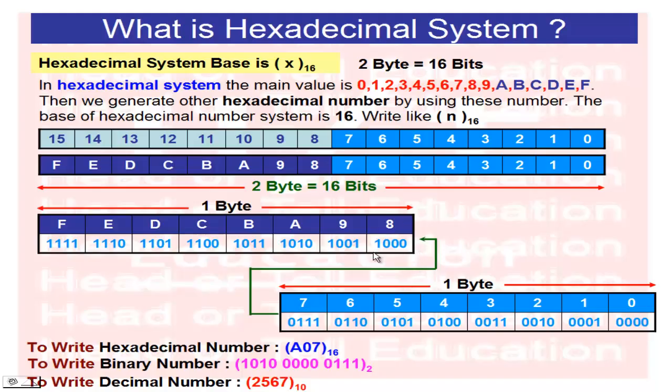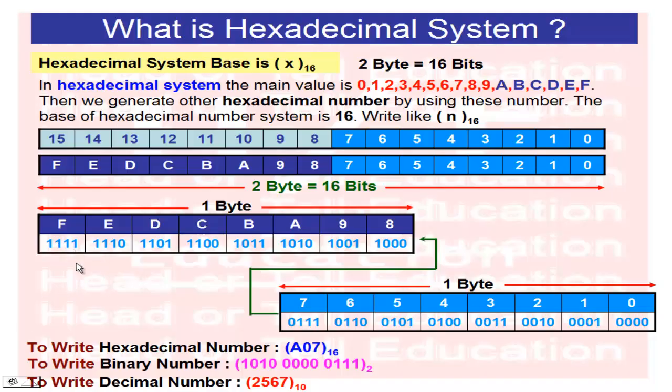Next 8 is 1000, and a, equivalent to 10, is 1010, b equivalent to 11 is 1011, c is 12 so 1100, d is 13 so 1101, e is 14 so 1110, and f is 15 so 1111.